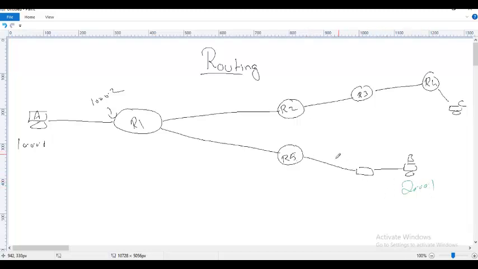And for this computer, there is a gateway 20.0.0.50. And here I got a computer D, which is 20.0.0.2. And this one is 30.0.0.1. And the gateway here is 30.0.0.2.